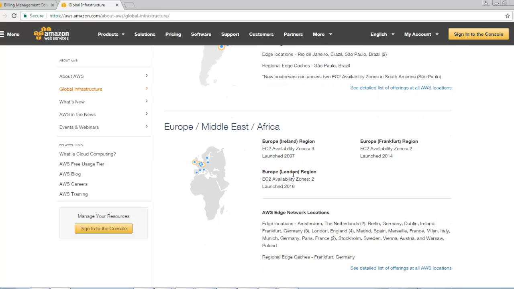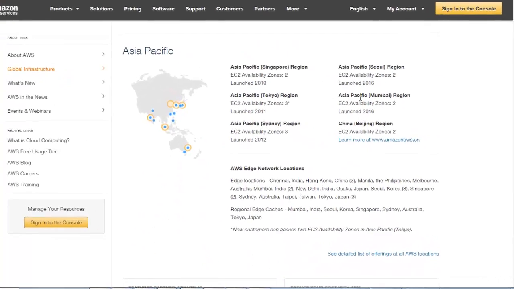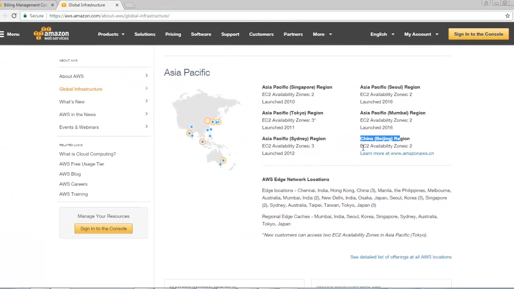Africa does not have any till now, but they are adding, like one in Ireland, one in Frankfurt, one in London. And in Asia, one is there in Mumbai. Okay, but India is a single region, and because Mumbai is the location where they have main data centers, they've called this region Mumbai, and there are two availability zones there, and this is China.